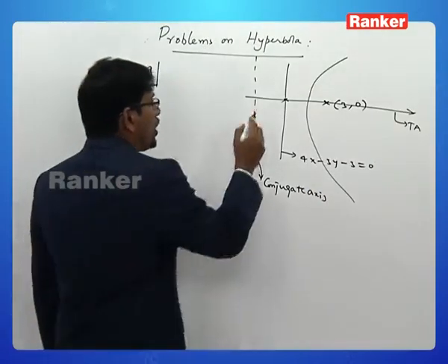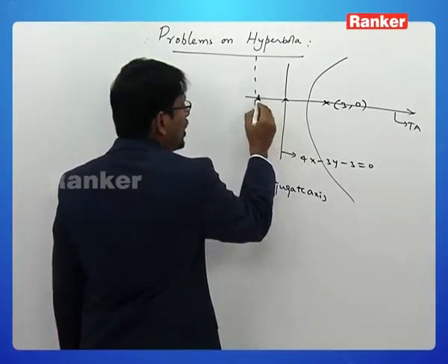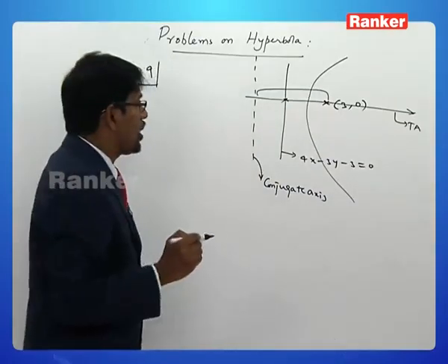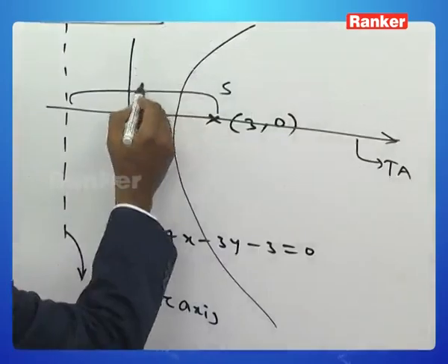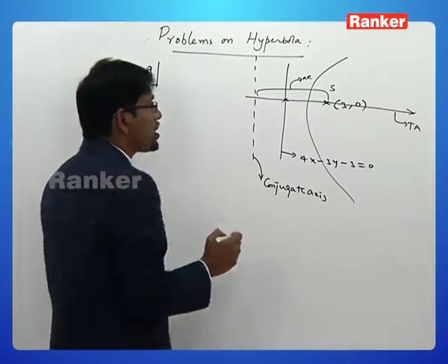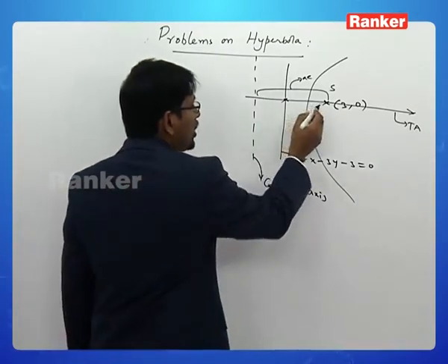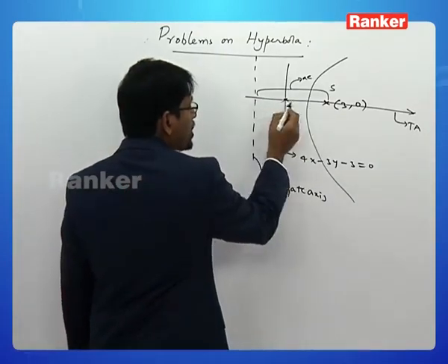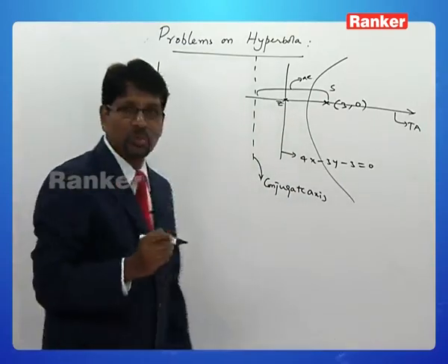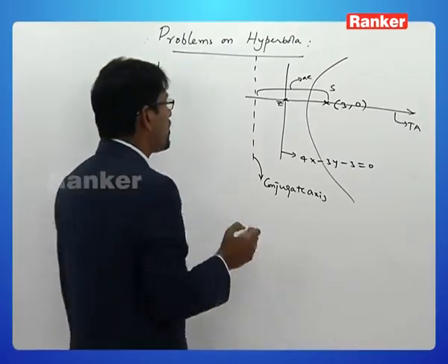We know that this distance from center to this focus is AE, and the distance from center to this point, let's call this as Z point, that is the foot of the perpendicular from focus to the directrix.